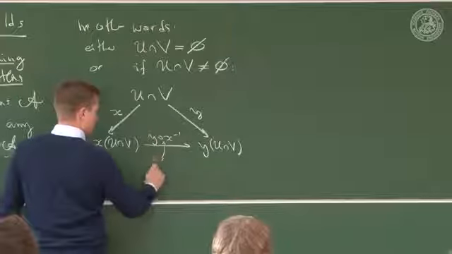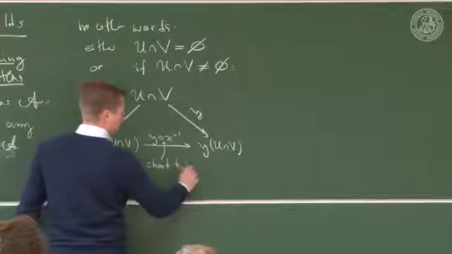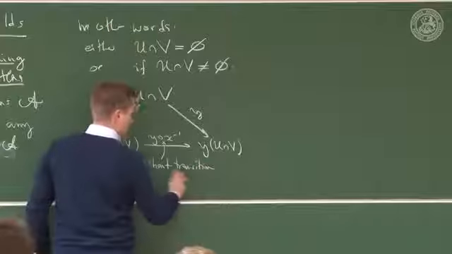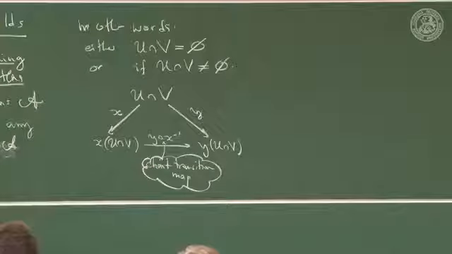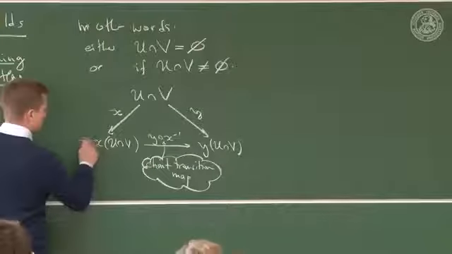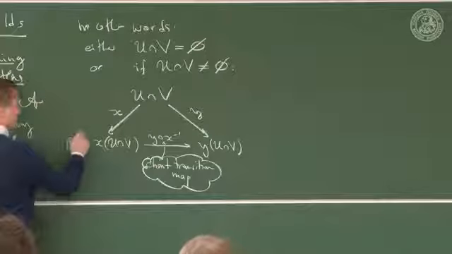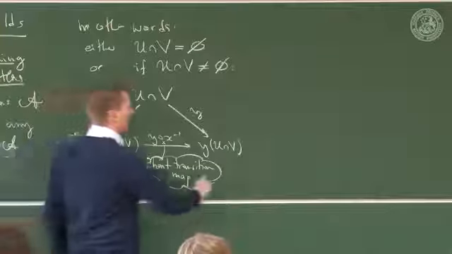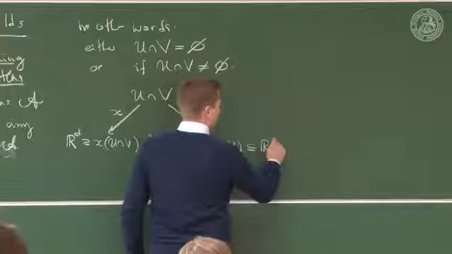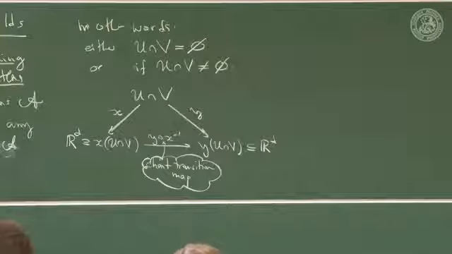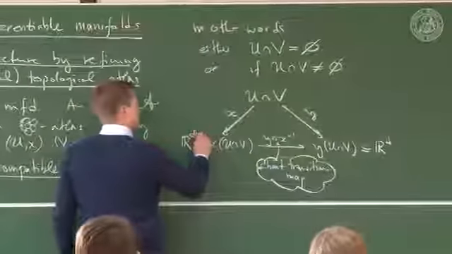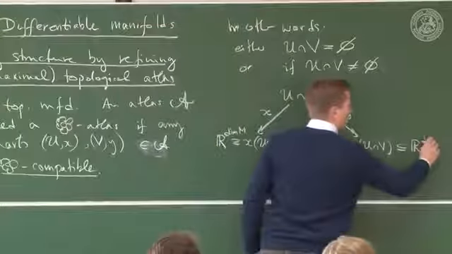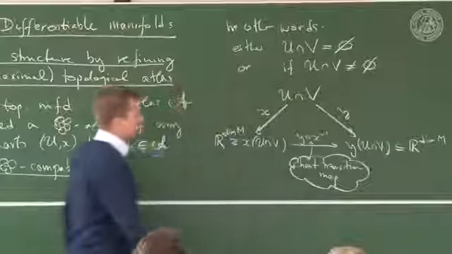so recall this is the chart transition map, then the observation already last time was that both x of U intersected V and y of U intersected V, by virtue of the definition of a topological manifold, and indeed charts in an atlas, are subsets of Rd, where d was the dimension of the manifold, dim M, we're looking at.